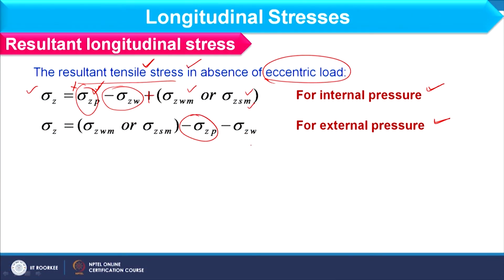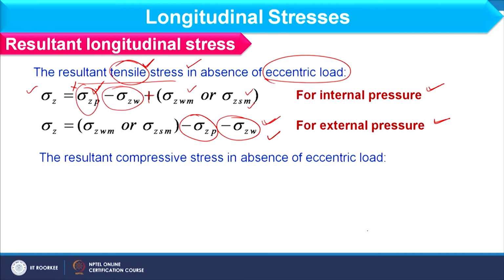Okay. So, in that case sigma zp would be negative, sigma zw will always be negative because it will be compressive, and I am considering tensile stress. In this way we can consider resultant tensile stress. In the similar line I can consider compressive stress resultant.